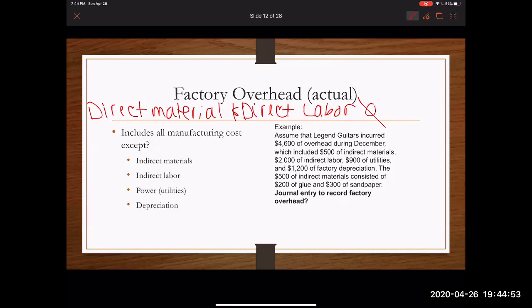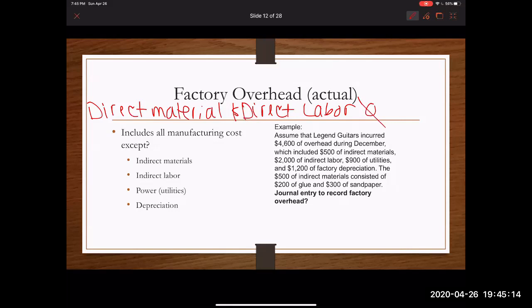The $500 of indirect materials consisted of $200 in glue and $300 of sandpaper. The problem went into that just to show you that these indirect materials were kind of insignificant in regards to total cost.